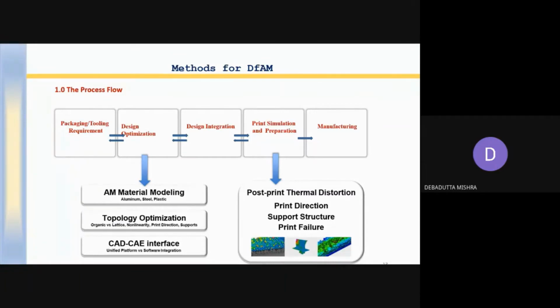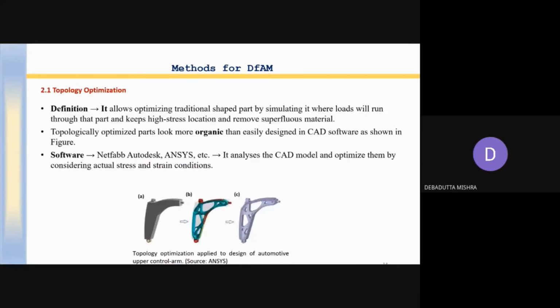During the optimization, you can have material modeling, topology optimization, and a unified platform versus software integration for design optimization. During print simulation and preparation, you can study post-print thermal distortion, print direction, support structure, and print failure. And finally, you can manufacture. So the design part will come in this.